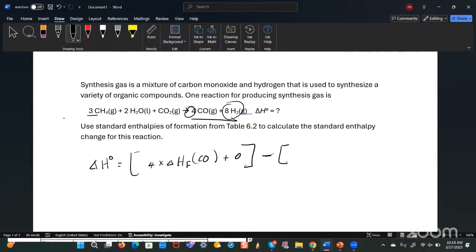The first reactant here is CH4 multiplied by 3, so 3 times the enthalpy of formation of CH4, plus 2 times the enthalpy of formation of H2O, plus the enthalpy of formation of carbon dioxide.